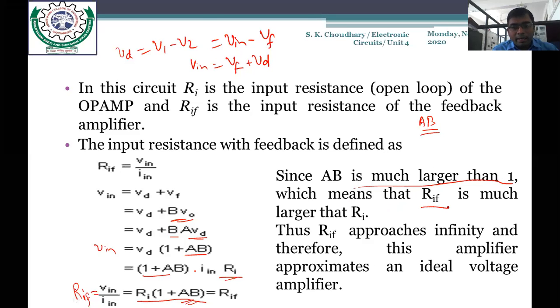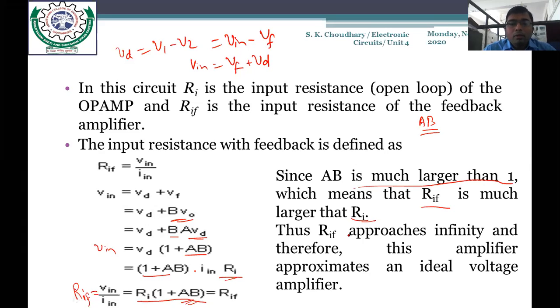It means Rif is much larger than Ri, and Rif ideally approaches infinity, and this amplifier becomes just like an ideal voltage amplifier. So in the case of voltage series amplifier, the input impedance with feedback always increases compared to the resistance without feedback, and is improved by the factor of 1 plus AB.